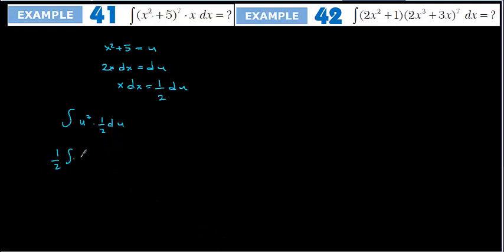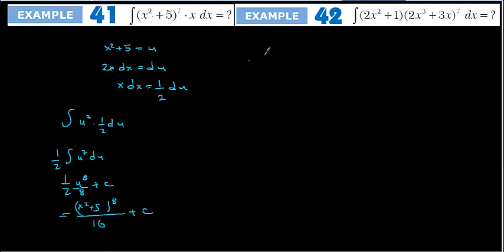It's equal to 1 over 2 times u to the power of 8 over 8 plus c, and that is u to the power of 8 over 16 plus c, or instead of u, we may write x squared plus 5, so (x squared plus 5) to the power of 8 over 16 plus c is the integral of this expression.